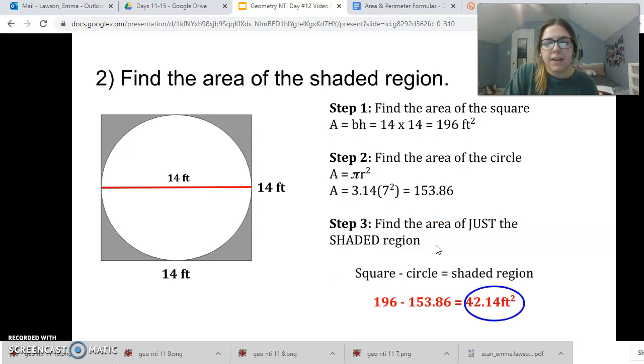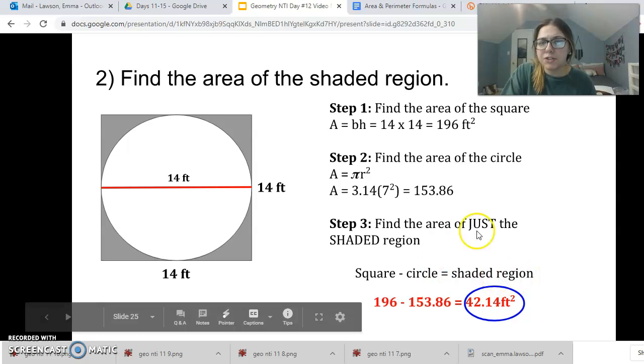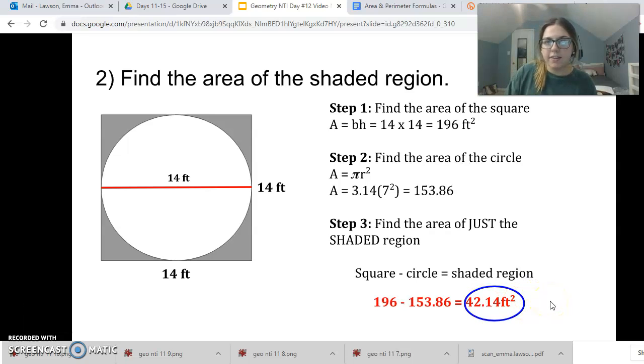I get 196 minus 153.86, and my final answer is 42.14 feet squared. Okay, and basically you're always going to put the bigger number first minus the smaller number equals your area, because you can't have negative area.